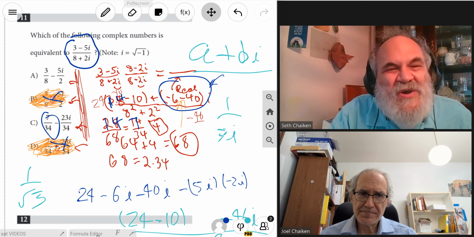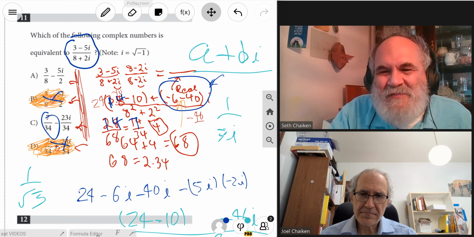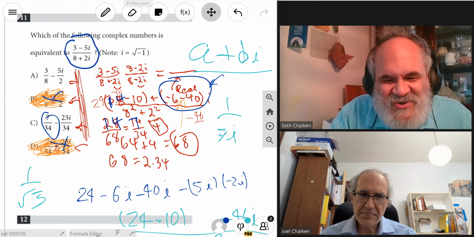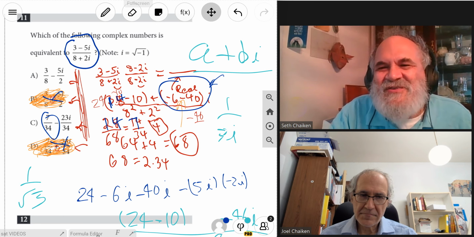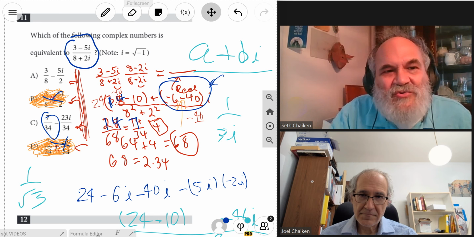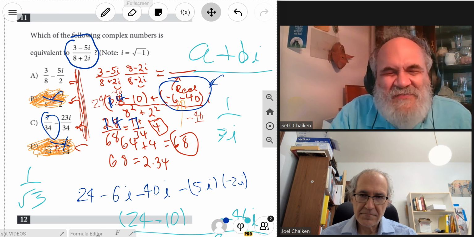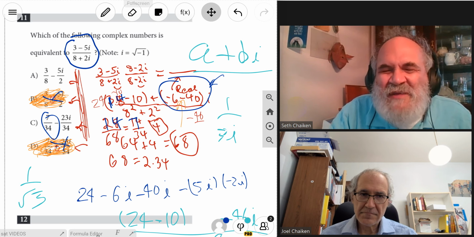Now, we took a shortcut because the answer to the question is either A, B, C, or D. And so what we did was use particular sub-features of the choices to eliminate all the choices until we eliminated all but one.